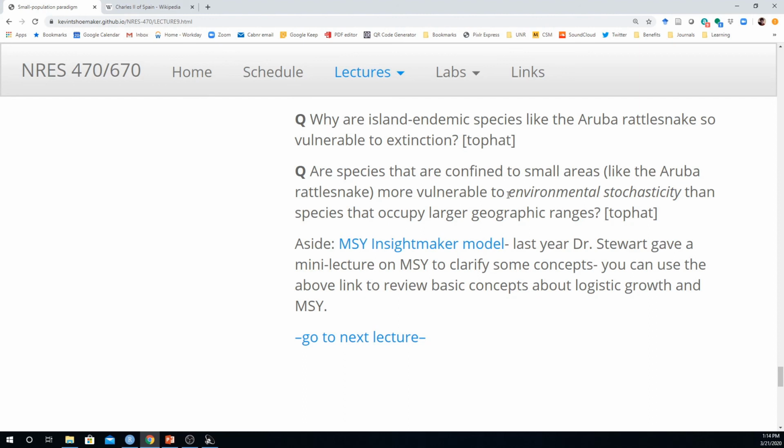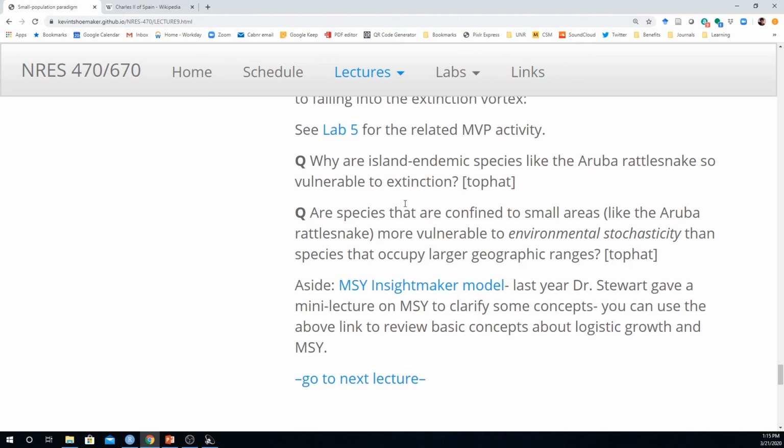Environmental stochasticity, that is changes in habitat quality year to year, the population itself getting lucky and having a much higher reproductive rate one year than another, and so on and so forth. Are species that are confined to small areas more vulnerable to bad years than species that occupy larger geographic ranges, and why? And so I will leave it there, and please answer the top hat questions, and I will see you in lab.